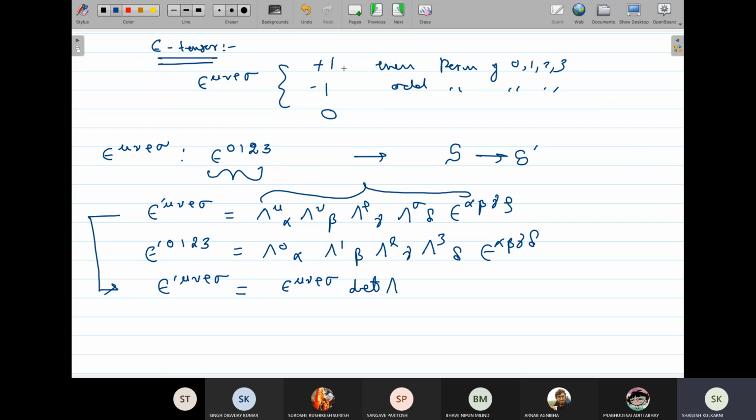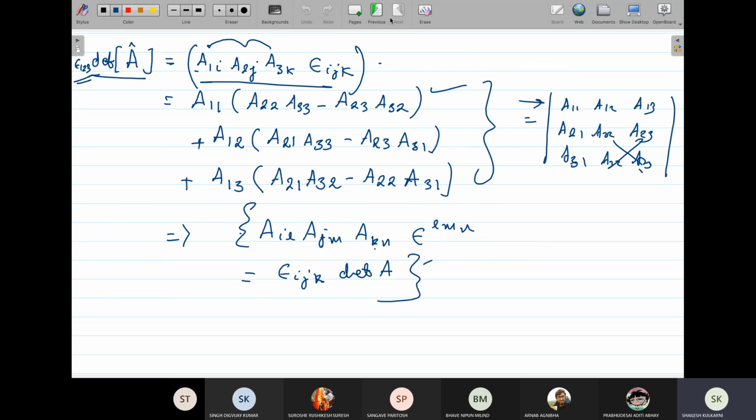You convince yourself about this calculation first. You try it at home. Take any determinant, use this expression, and see whether you get a correct answer or not.